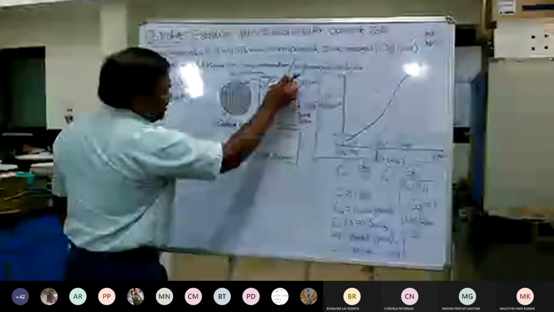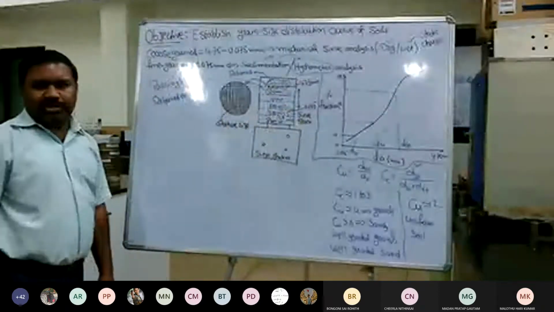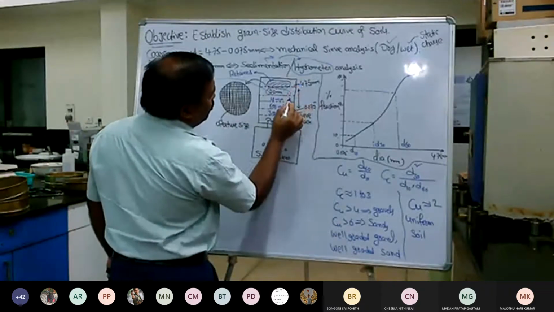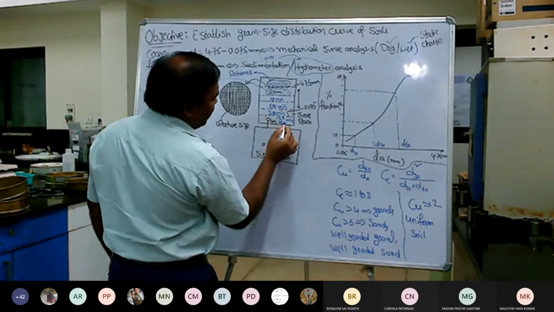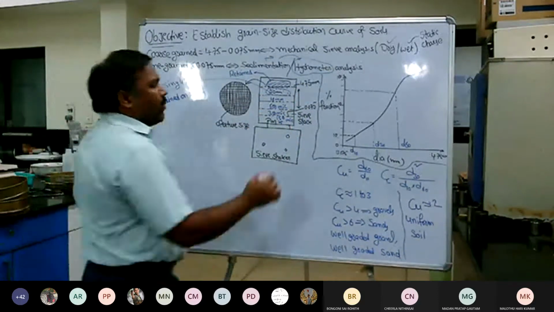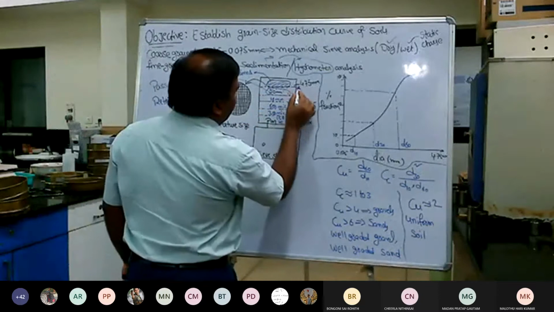Now, if you look at this picture carefully, we have different apertures: 4.75, 2, 1, 600, 300, 150, 75. These are considered as the particle diameters.